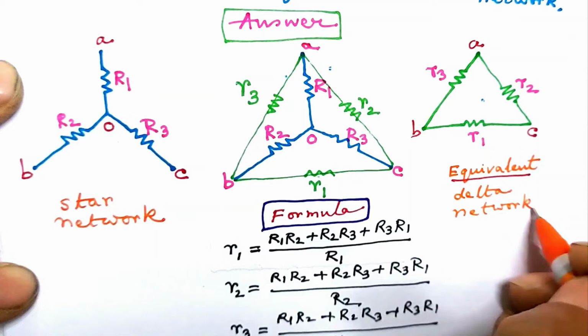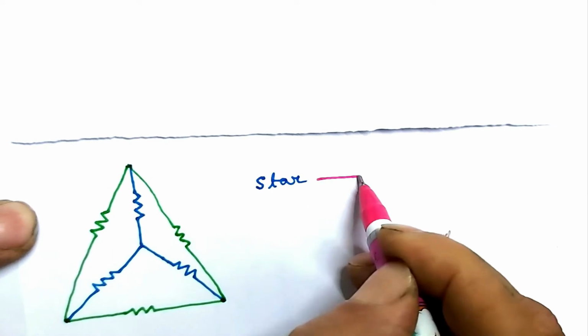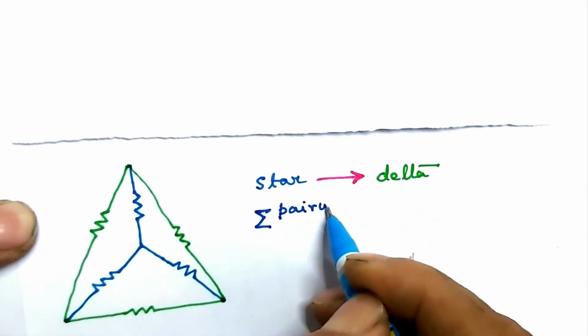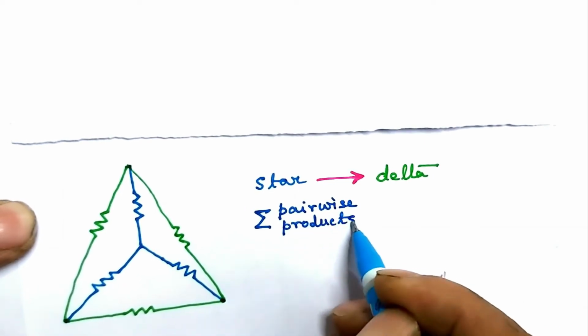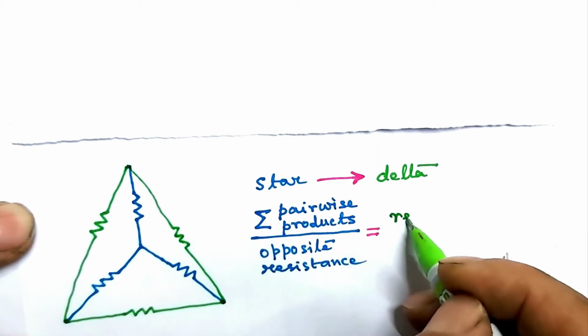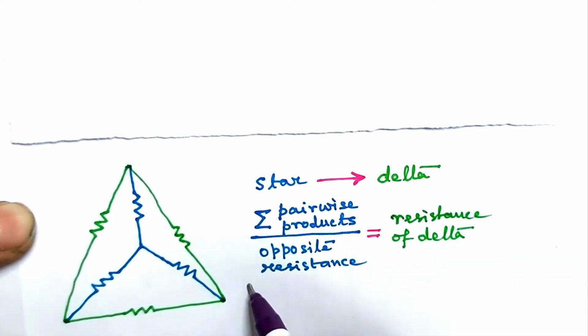Let us underscore the formula once more. This is the star network, and let us consider the imagined delta network. In star to delta transformation, the formula is sum of pairwise products divided by opposite resistance is equal to resistance of delta.